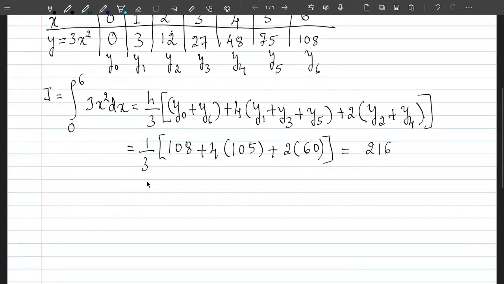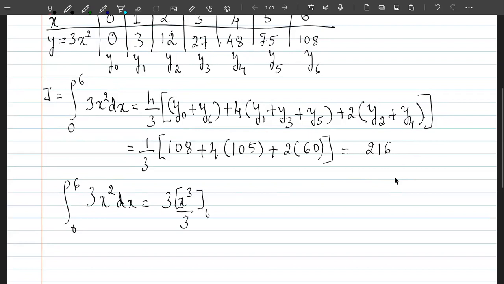In case of this problem, you can actually solve this integral by using the usual method which you know already and get the answer. And you can check whether the answer which you have got by using Simpson's 1/3 rule and verify your answer. So if you solve this integral, integral 0 to 6 of 3x square dx, by the actual method, you get 3 into integration of x square, which is x cube by 3.